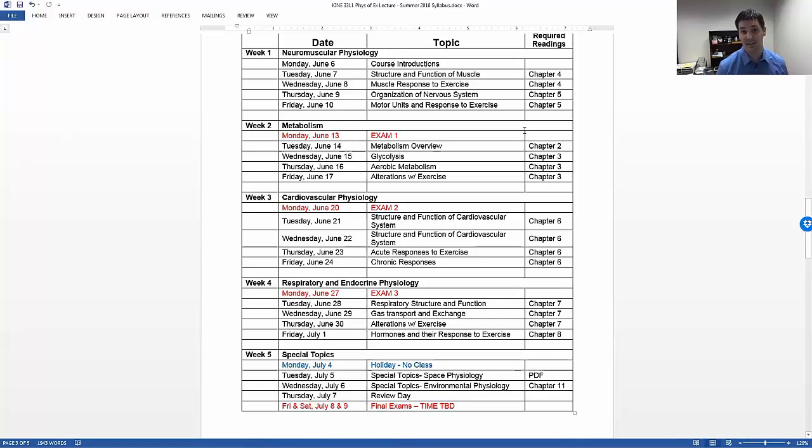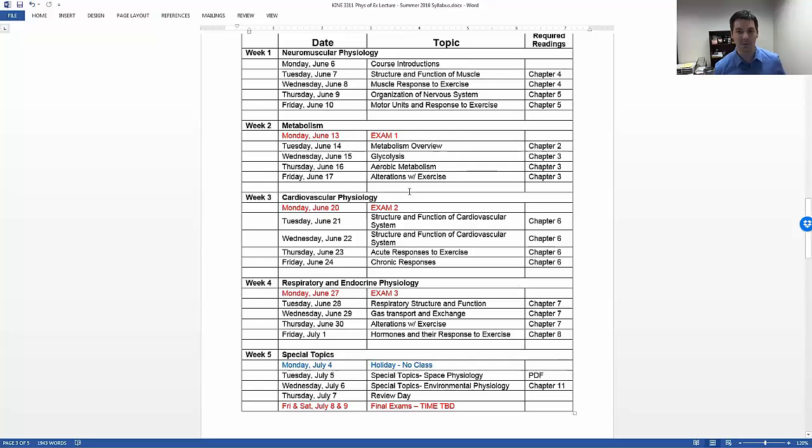I hope that is how students would prefer it. That's how I would prefer it if I were a student, and when I was a student, that's how I preferred it. Get all your content in, have the weekend to study, learn that content, come in, take your exam on Monday, and then start the next topic after that.